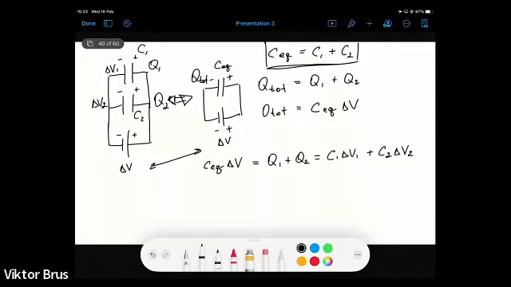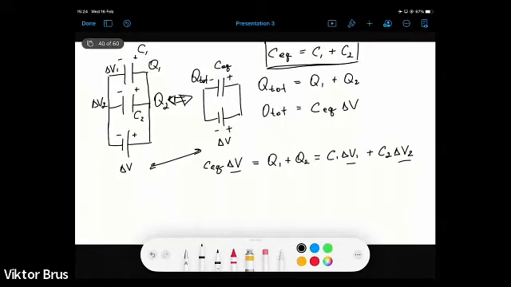So now we have a relationship between equivalent capacitance and capacitance of each of these capacitors connected in parallel. However, we still have potential differences delta V, delta V1, and delta V2.